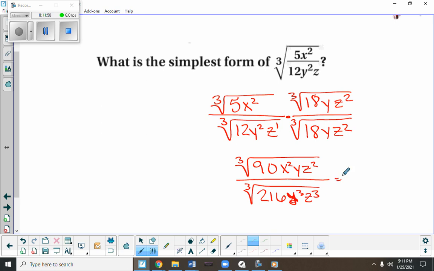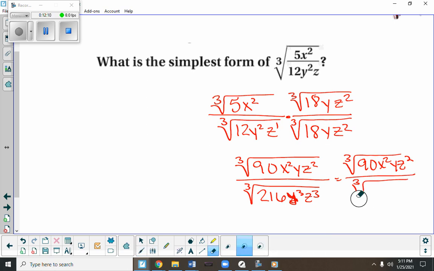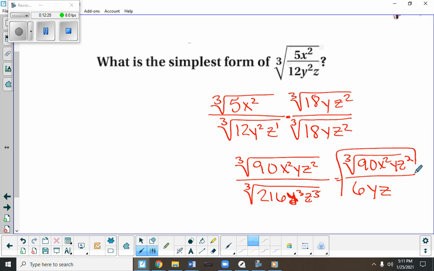So cube root of 90 in the numerator, x squared, y, z squared. In the denominator, I have the cube root of 216. Whoops, let's just go ahead and simplify that. What is the cube root of 216? It is 6. And the cube root of y cubed is y. The cube root of z cubed is z. So there is my answer for that one.